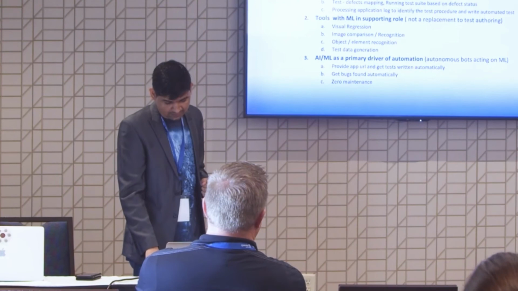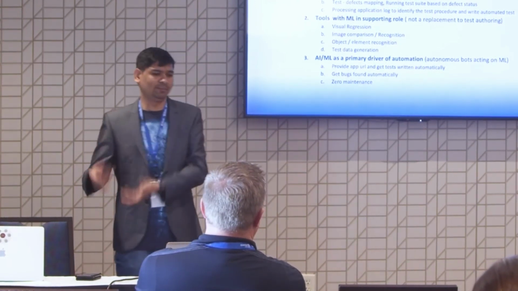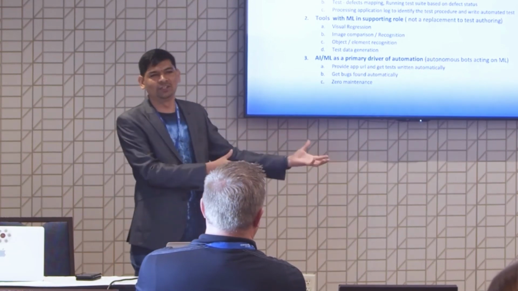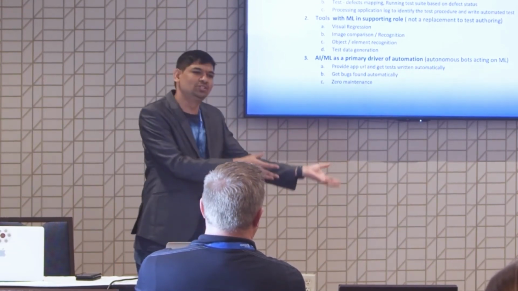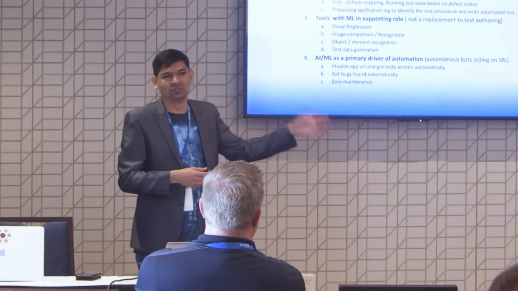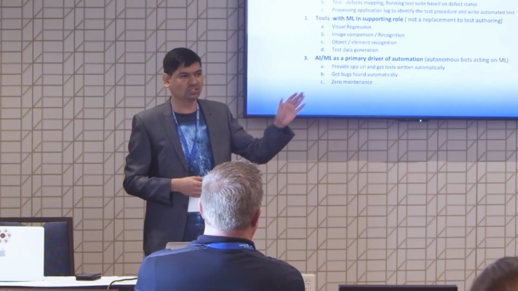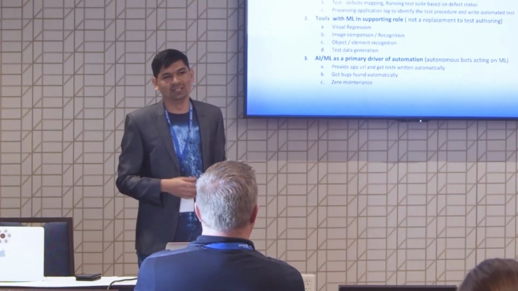The last one, which I call the holy grail of automation testing, is where I just provide the application URL to my AI, to my robot, and that will do the testing itself. Whether it writes tests or not, I don't care, because I just want the bugs. We haven't reached that level. I haven't seen any tool.